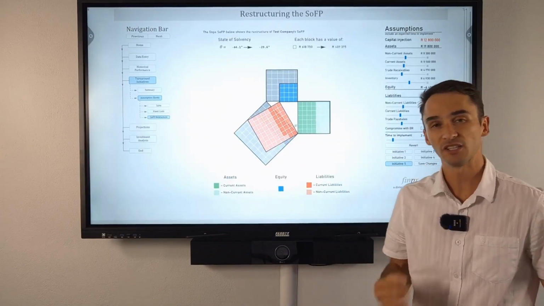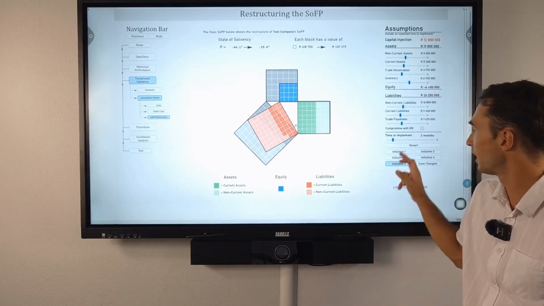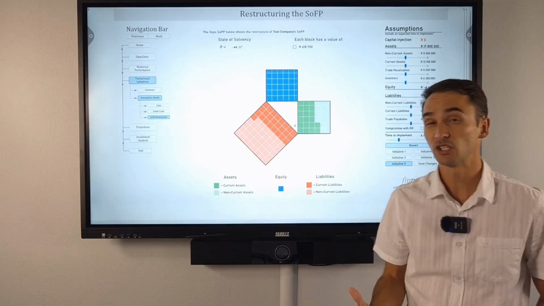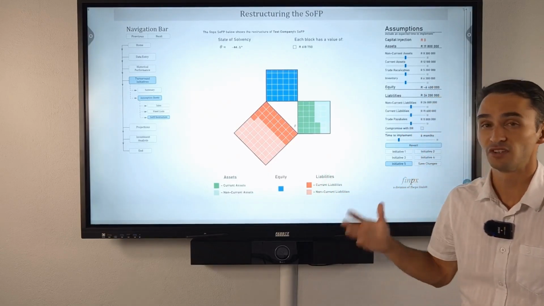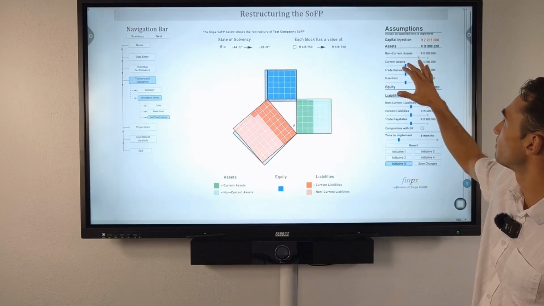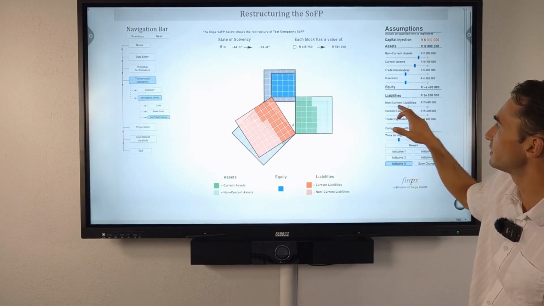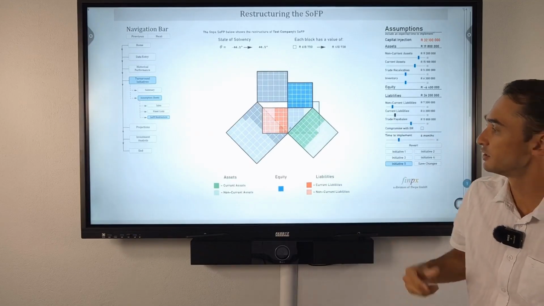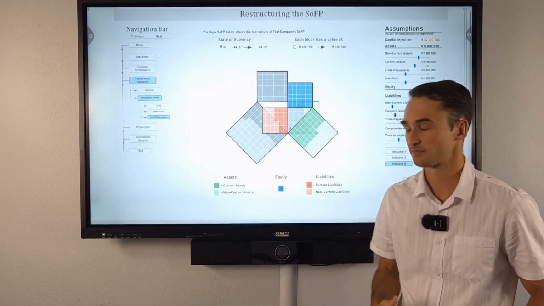Next, we're on to our SOFP restructuring page. Here, we discuss the capital injection required by shareholders to improve the solvency of the company. By increasing the assets or decreasing the liabilities, we're able to improve that angle to a more positive one.